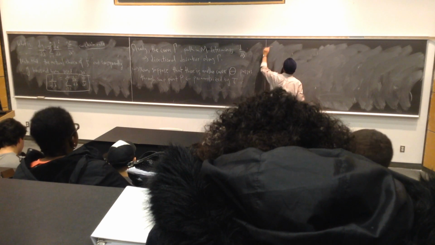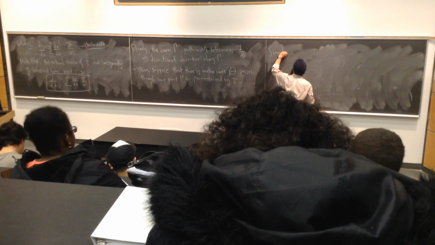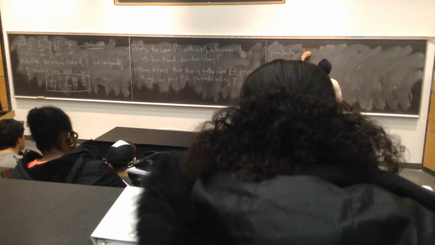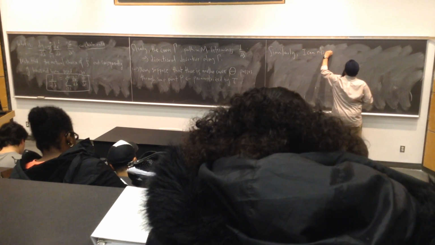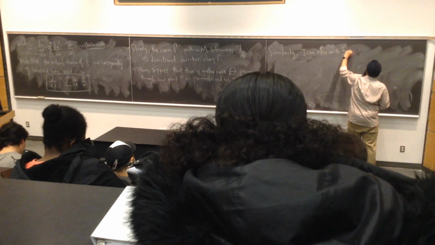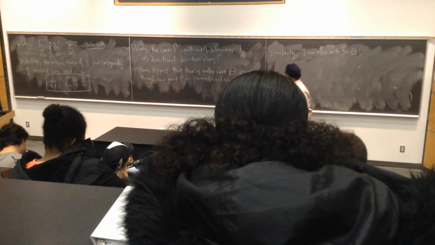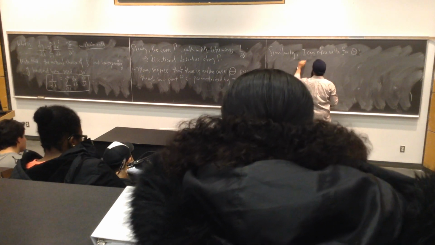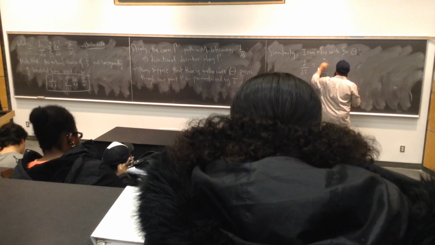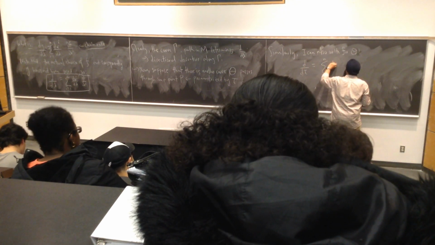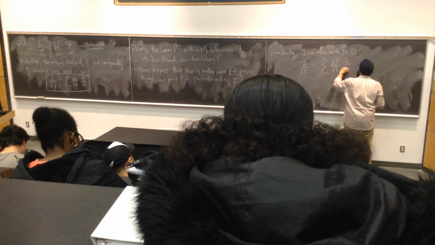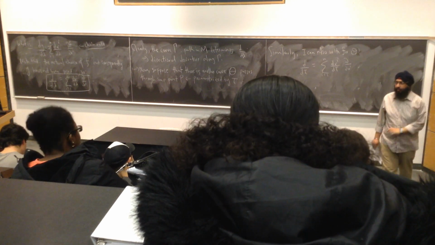For theta, analogous to that, this time I'll have d by d tau as the summation i equals 1 to n of dx^i by d tau times partial by partial x^i. So it's the same.